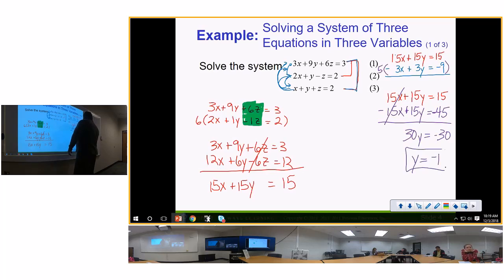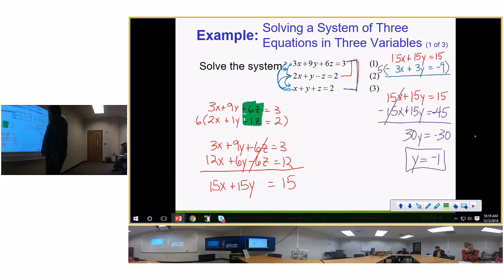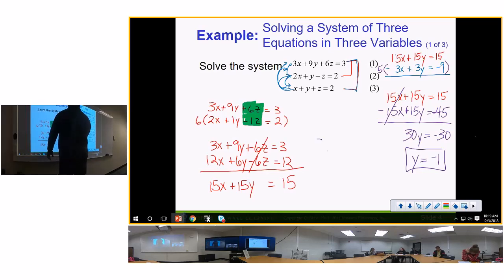Negative 1. What do you think we're going to do with that negative 1? We'll plug it in. Back substitute into that negative 3x plus 3y. You can plug it into either one. Negative 3x plus 3 times negative 1 is equal to negative 9.